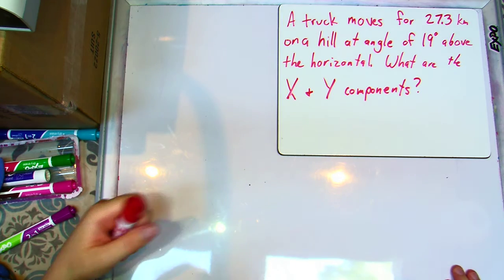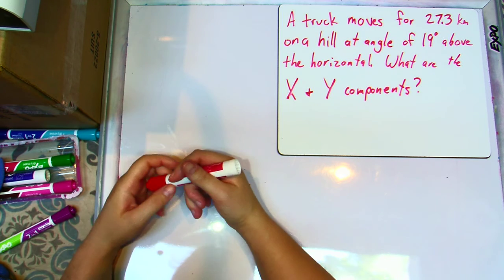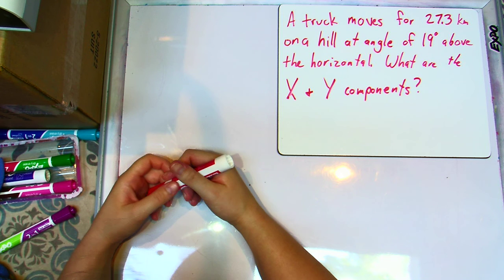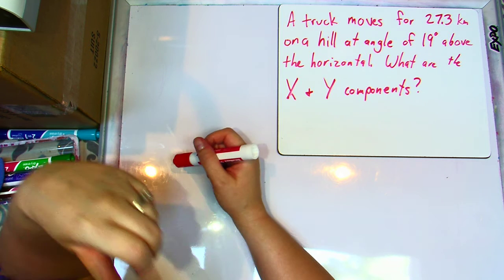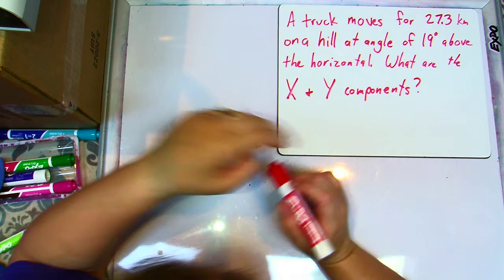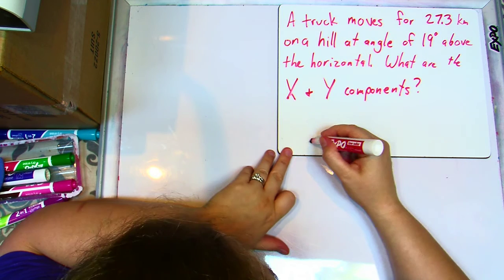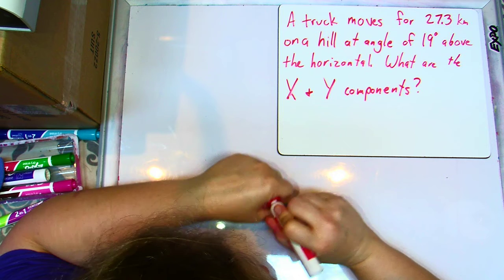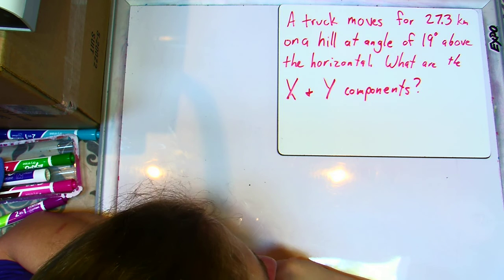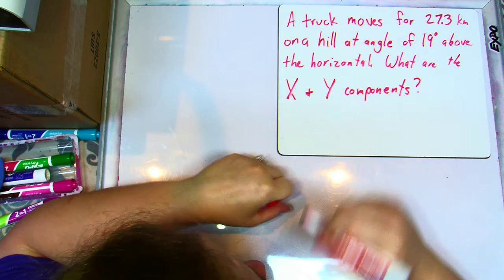All right. What if we know the angle and we know the resultant, but we want to find the x and y components? How do we do that? We'll show you how. So a truck is moving for 27.3 kilometers on a hill at an angle of 19 degrees above the horizontal.